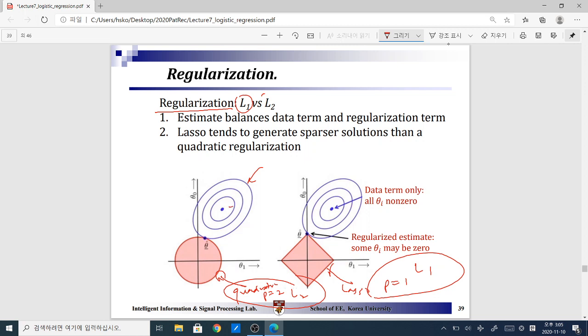So this is the data term, where without the regularization term by itself, you would have theta hat. So this would be the error function where this is the minimum.